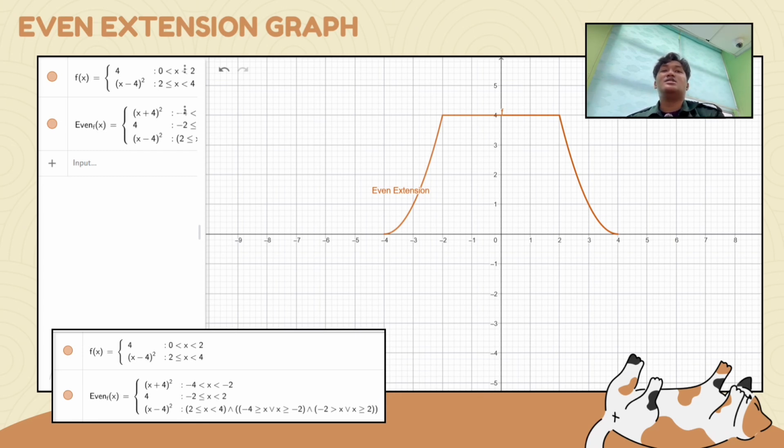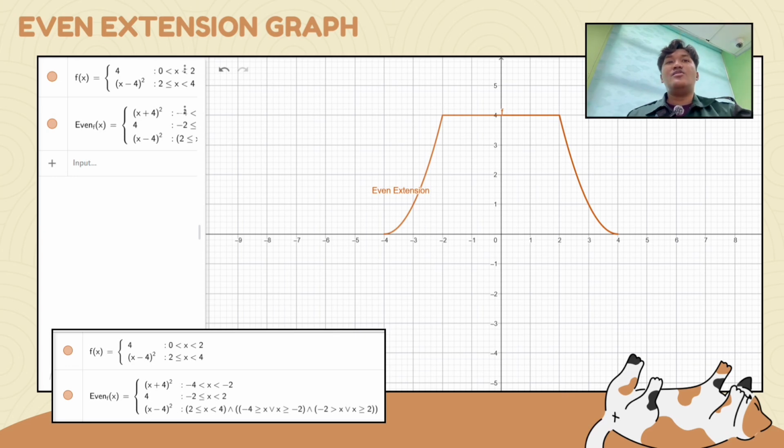For the mathematical piecewise definition for the even function, I put it below, which is the input for the GeoGebra graph. Before this, I used the original function for the original graph, and I put in the piecewise definition for the even extension, and the graph is shown here.